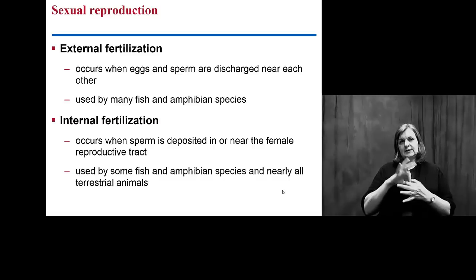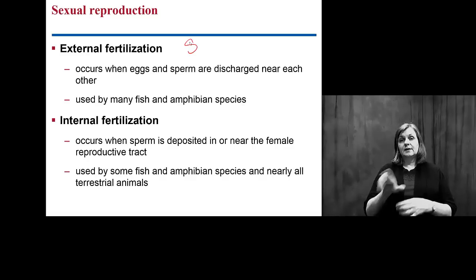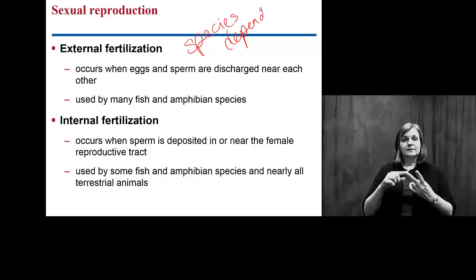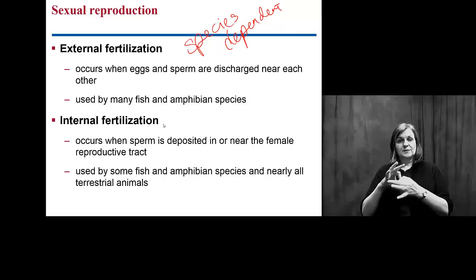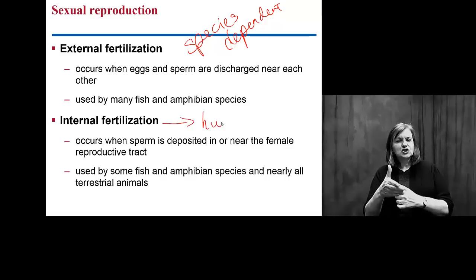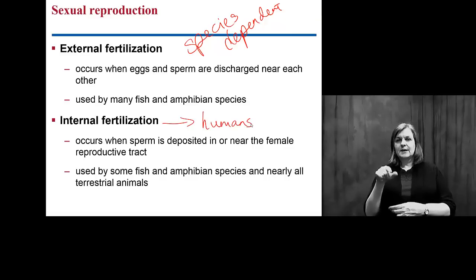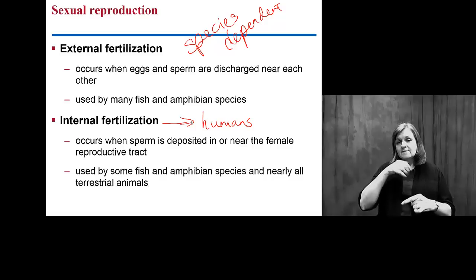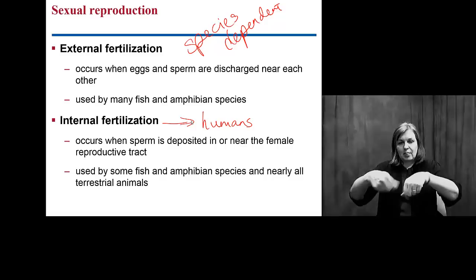In sexual reproduction, we can also look at whether or not external or internal fertilization occurs. This is species dependent. For you, we look at internal fertilization, and we see this with most mammals and many other organisms as well in the animal kingdom.